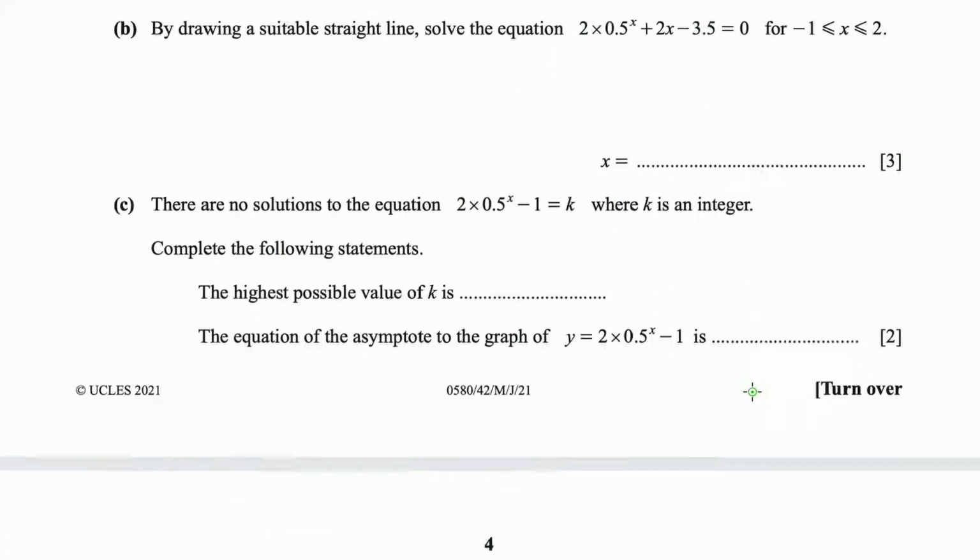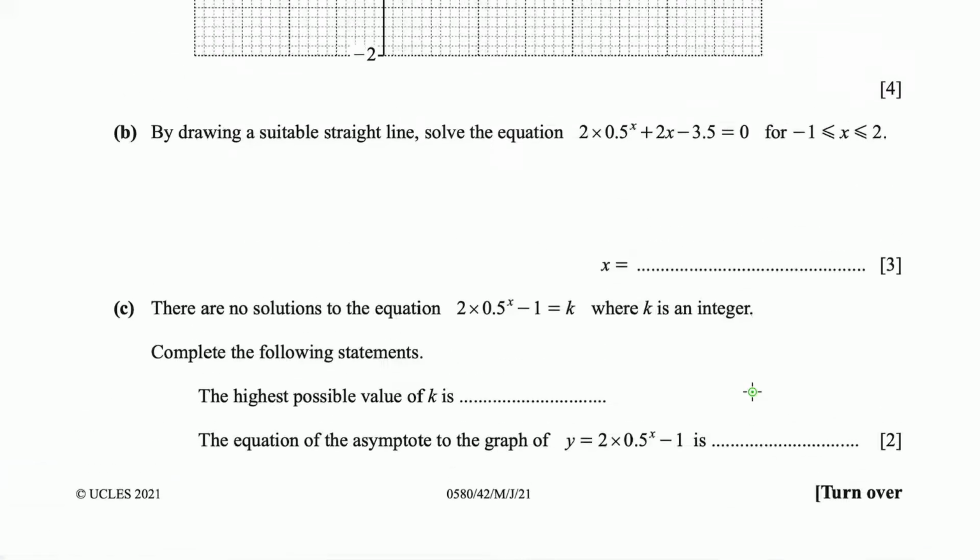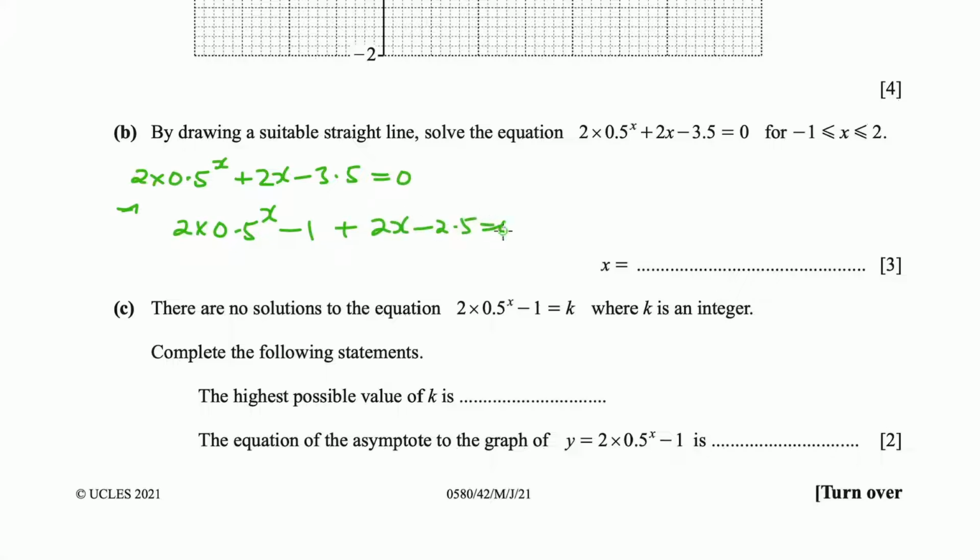Now let us go to the second part. By drawing a suitable straight line, solve the equation 2 into 0.5 whole power x plus 2x minus 3.5 is equal to 0. So what is given here? Plus 2x minus 3.5 is equal to 0. That implies 2 into 0.5x minus 1 plus 2x minus 2.5 is equal to 0.